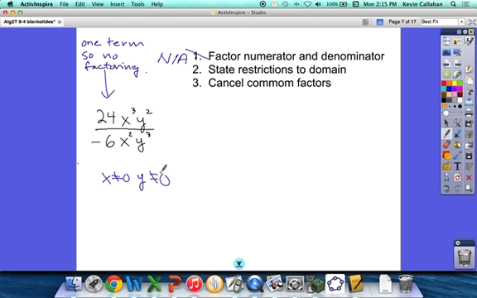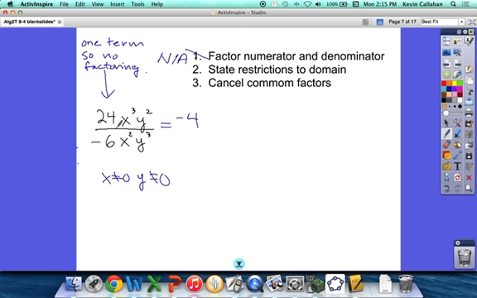Okay, now at that point, we're simplifying this. This is kind of like when we did the properties of exponents at the beginning of the chapter on radicals. Simplify. The 24 over negative 6, negative 4. X to the third over x squared. If you think of it as properties of exponents, you would say 3 minus 2 is 1.